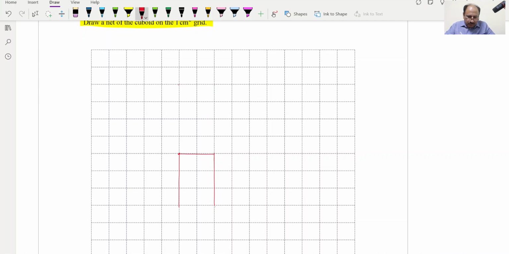This will be 2 by 3 base, so we can write here this is base and this is 2 by 3, which is the condition of the question.